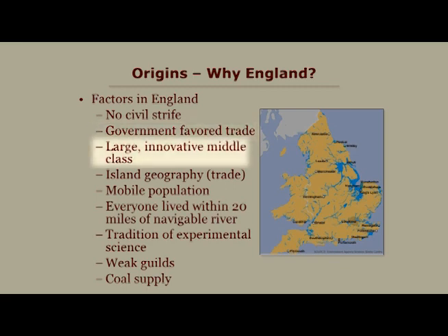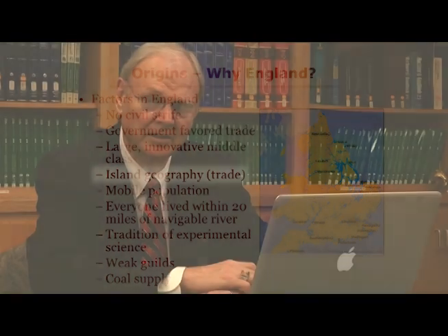There was a large and very innovative middle class. England was, after all, an island, and that meant that it had to survive by trade. There was not enough arable land in England for it to grow all of the food that it needed, as well as produce the raw materials for its products.